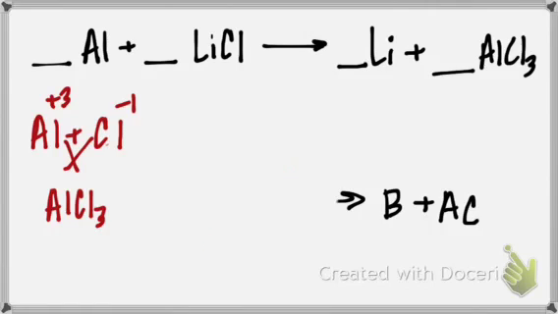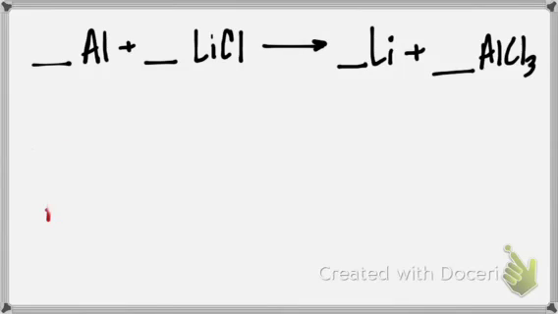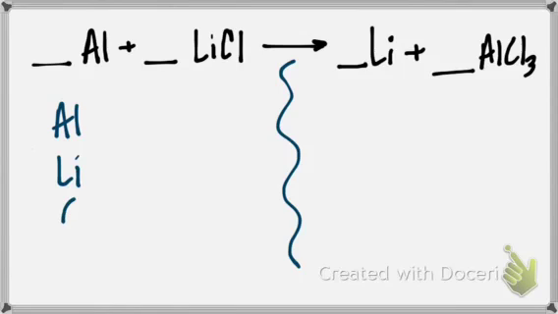So I've done the first part. I've created the products from the reaction. I've finished the reaction. Woohoo. Now the next thing that you're going to need to do is balance it. Some of you are better at balancing than others, but we're going to kind of do it together. So I have aluminum, I have lithium, and I have chlorine.